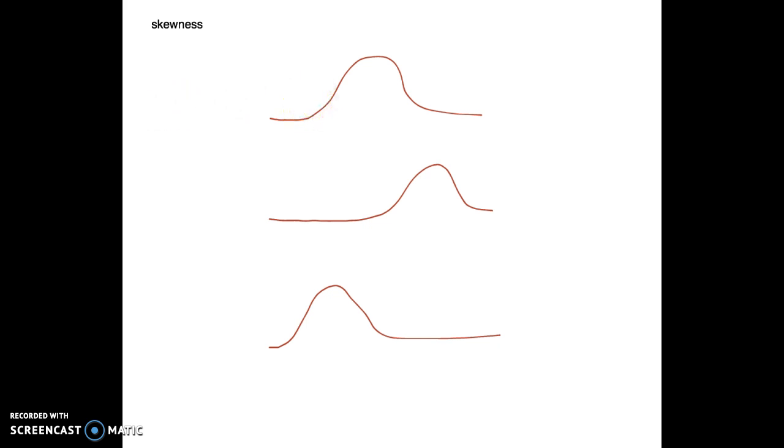So this first one is symmetrical. And on symmetrical, right in the middle, the mean is going to be equal to the median.